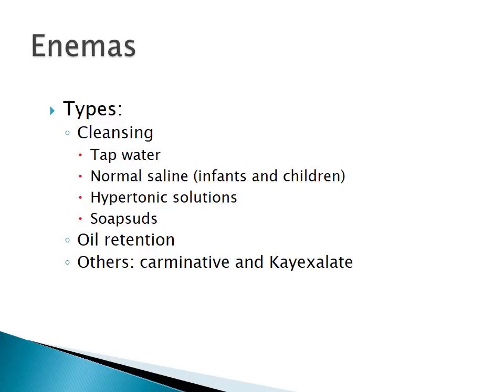There are different kinds of medicated enemas. We do have here Kayexalate. With Kayexalate, do keep in mind it's an example of sodium polystyrene sulfonate, and it's used to treat patients with dangerously high serum potassium levels.